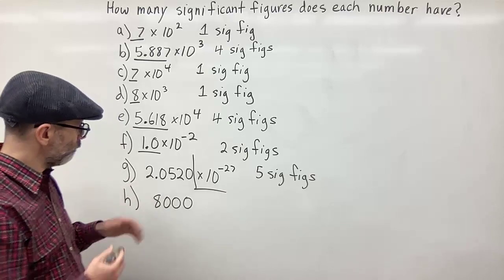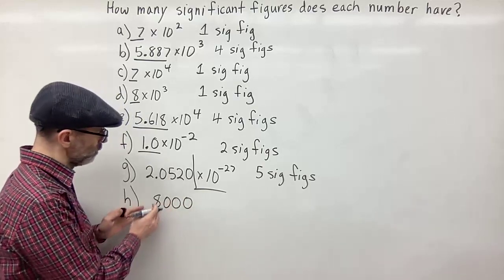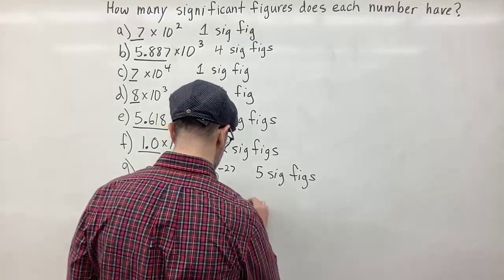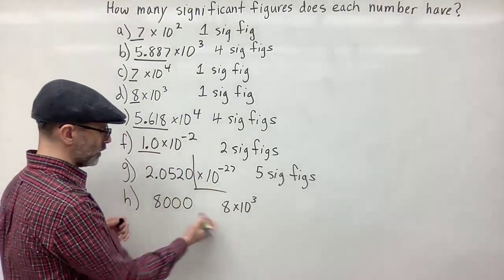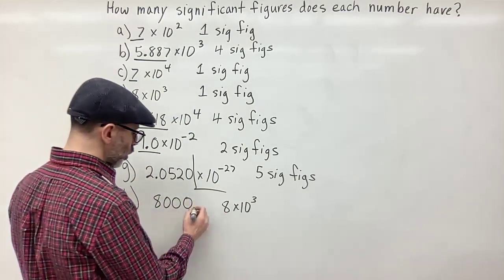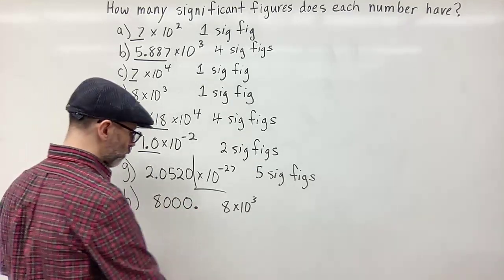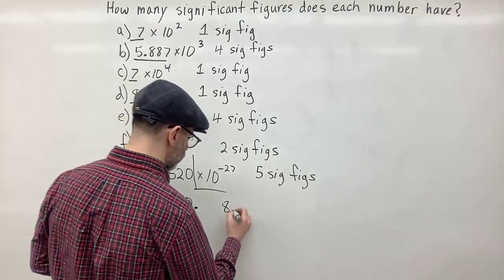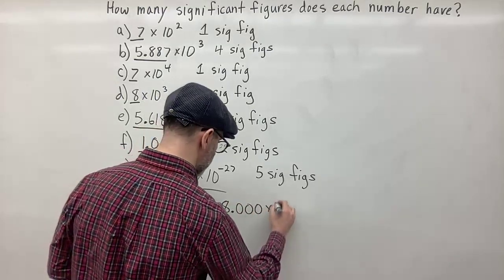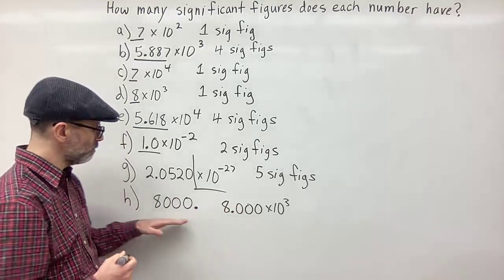If these zeros are not significant, then I would just have the 8, and I would write 8 times 10 to the third, and this would be one sig fig. Or if all of these zeros are significant, then there would be a decimal, and that would be 4 sig figs. And so I would write in my scientific notation 8.000 times 10 to the third, and so I would have all 4 there.